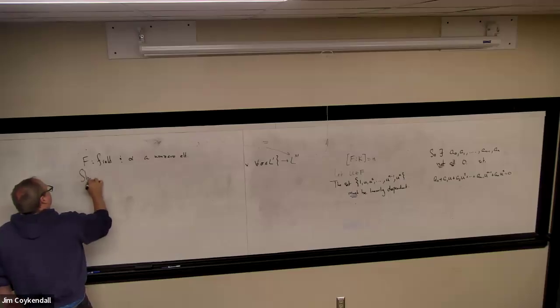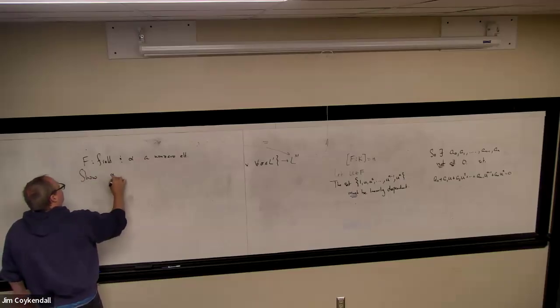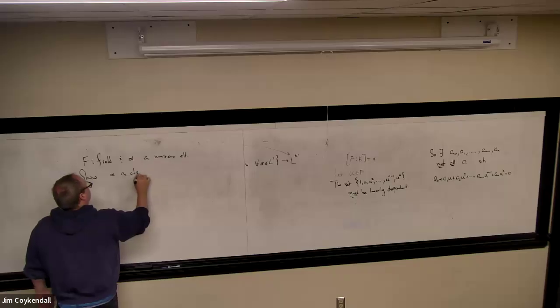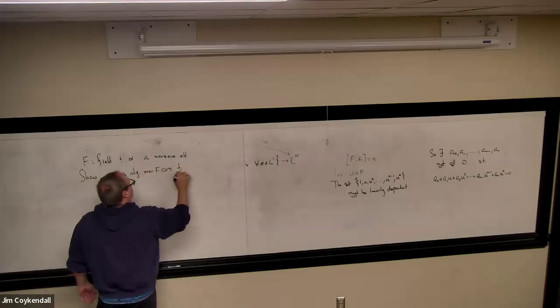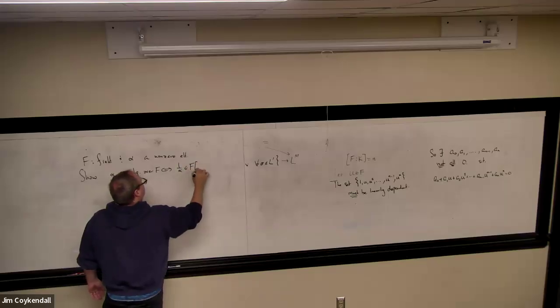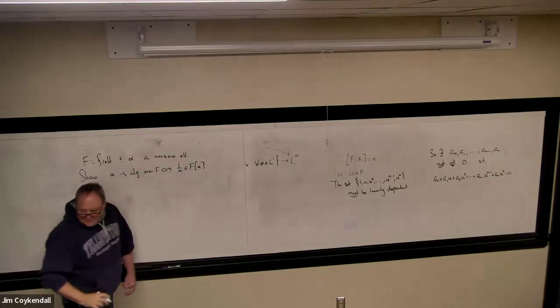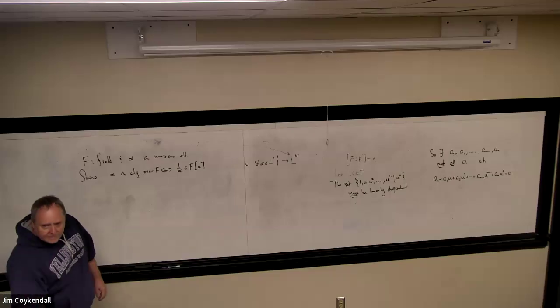Show alpha is algebraic over F if and only if 1 over alpha is in F adjoined with alpha. Right?